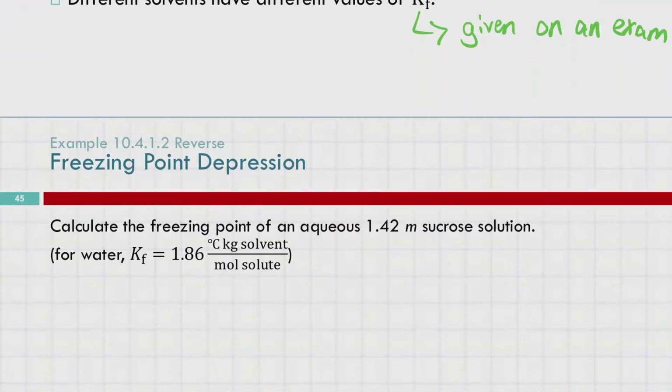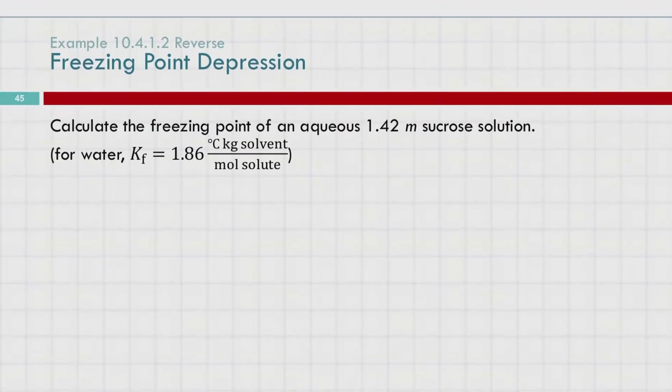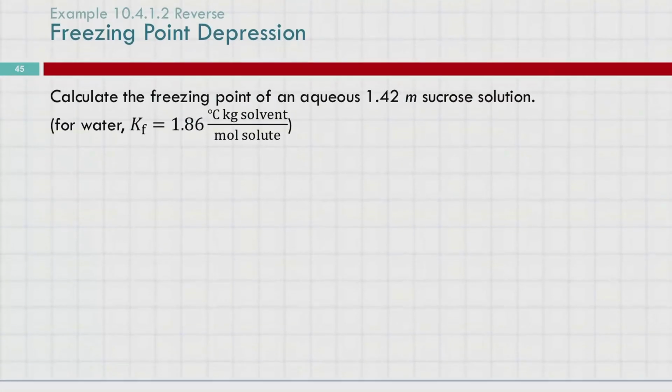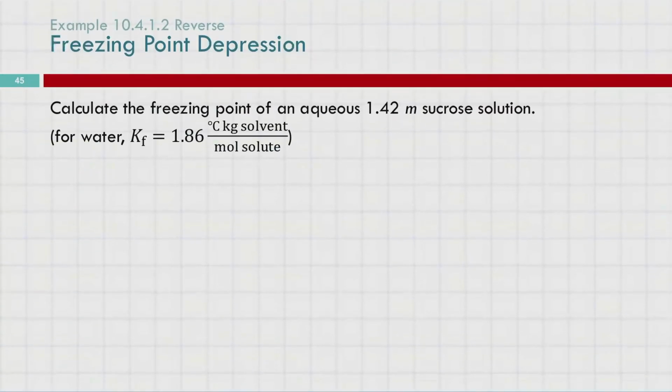All right, let's see it in action. Calculate the freezing point of an aqueous 1.42 molal sucrose solution. And for water, our Kf is this nasty looking thing. What is all of this mess? Degrees Celsius, kilogram solvent over moles solute.